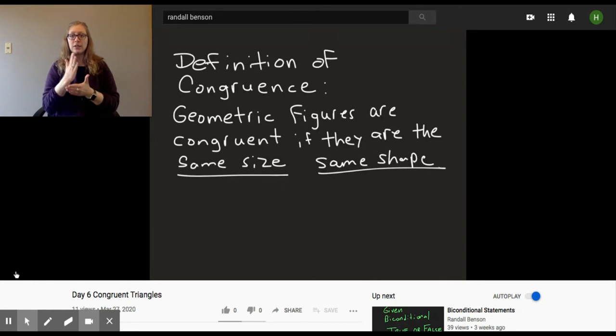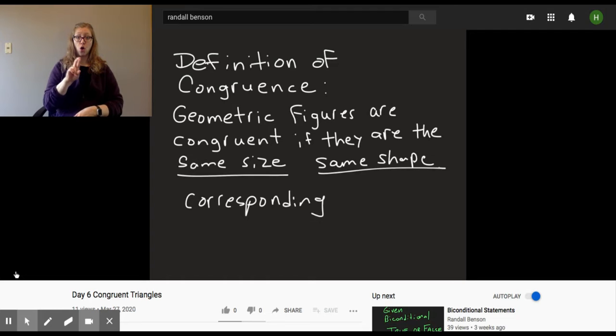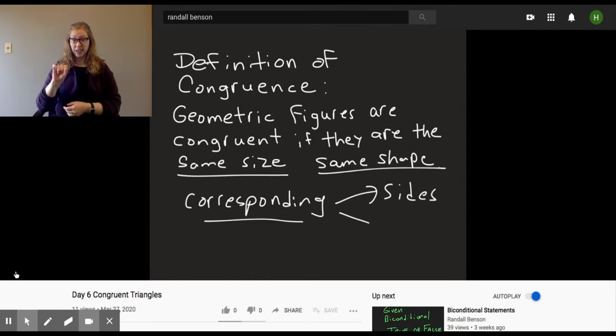So the basic definition of congruence for a geometric figure is that the two figures have to be the same size and the same shape. To show this, we have to look at something called corresponding sides and corresponding angles.